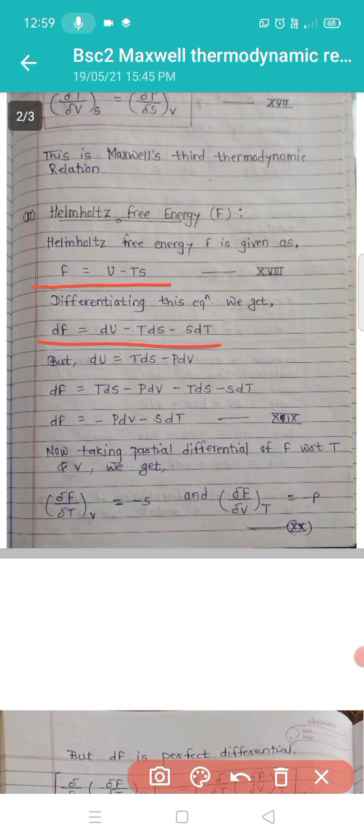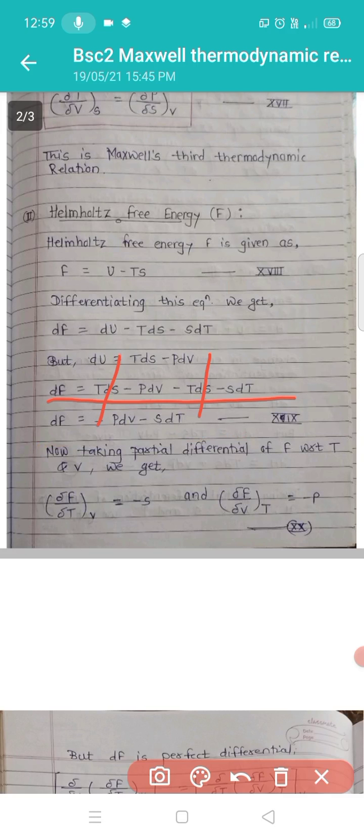But the value of dU we already learned: dU is equal to T dS minus P dV. Then put the value of dU in the equation. We get dF is equal to T dS minus P dV minus T dS minus S dT. Now make cancellations. Plus T dS minus T dS get cancelled and the remaining terms are dF is equal to minus P dV minus S dT.